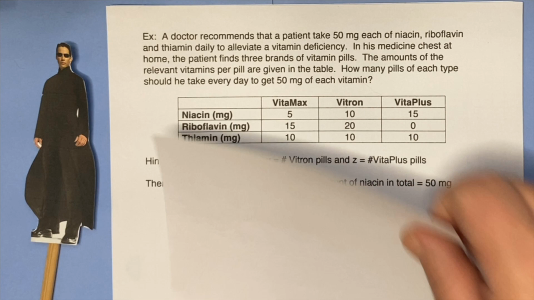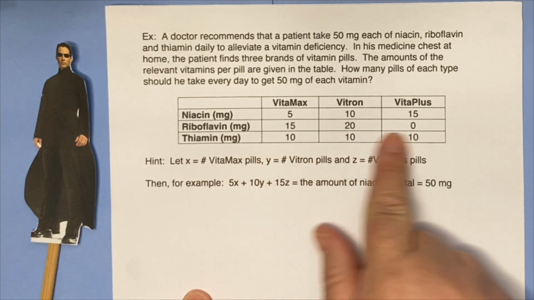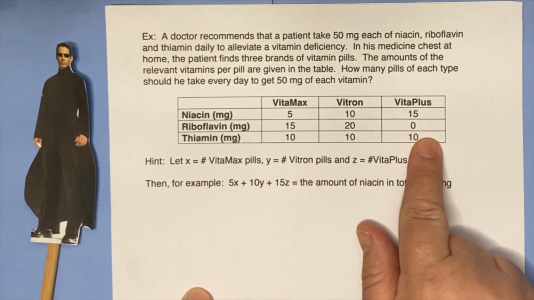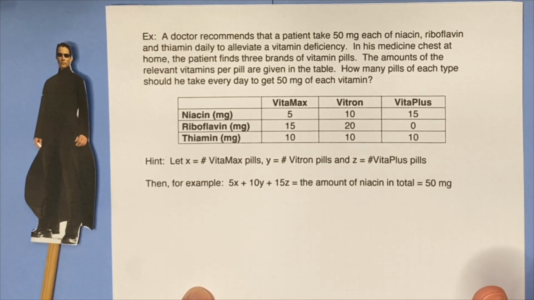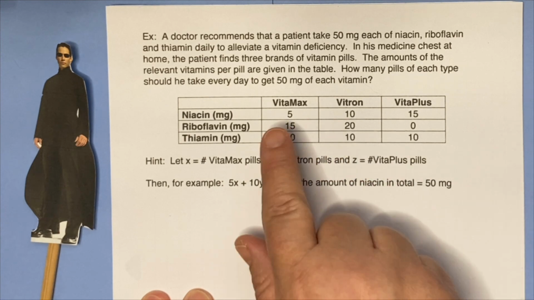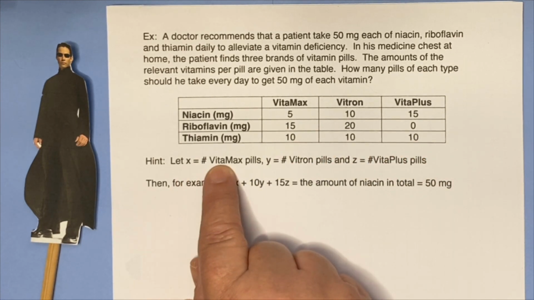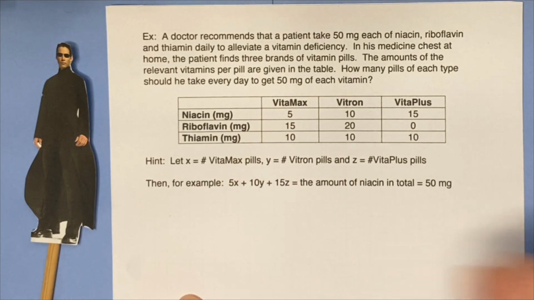The trick is that we want to see if we can find a combination of pills that will give us 50 of each of these. And the key here is, believe it or not, that we're going to set up the matrix. I'm going to let X be the number of Vitamax pills.